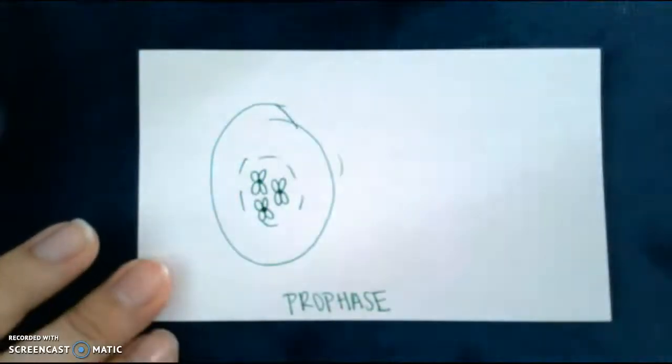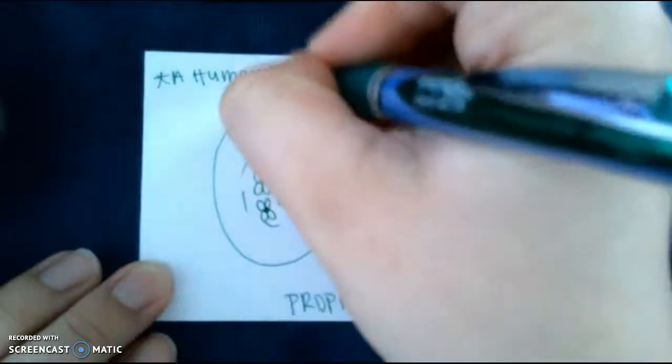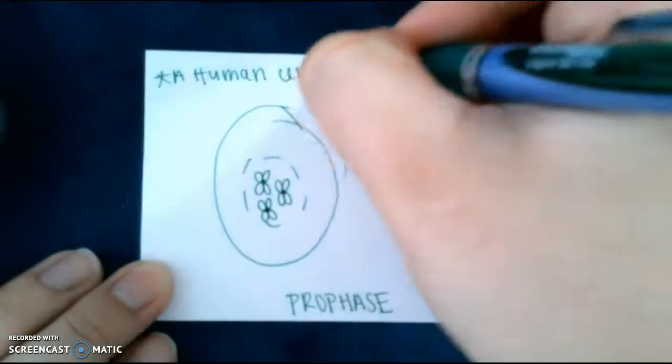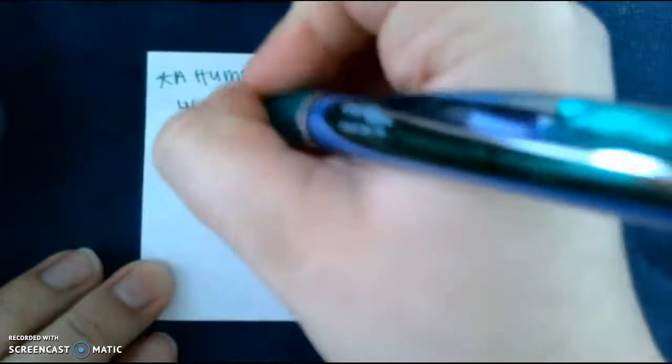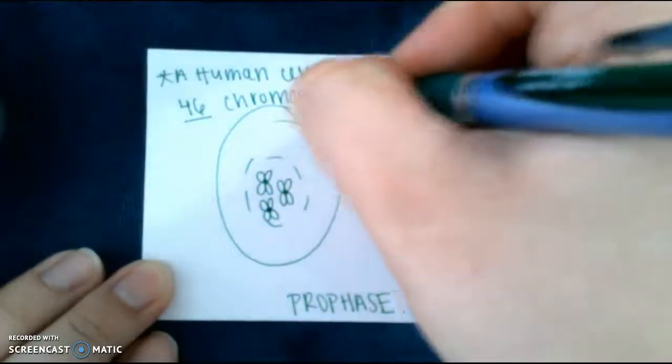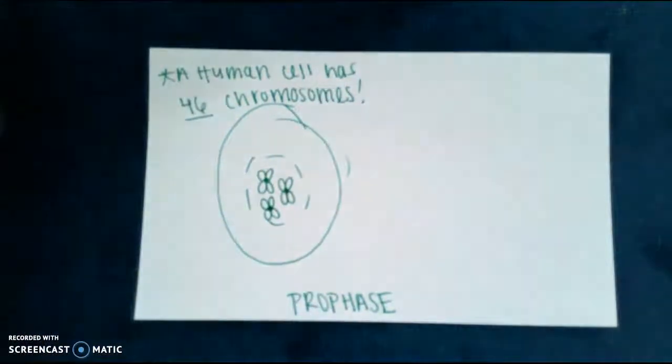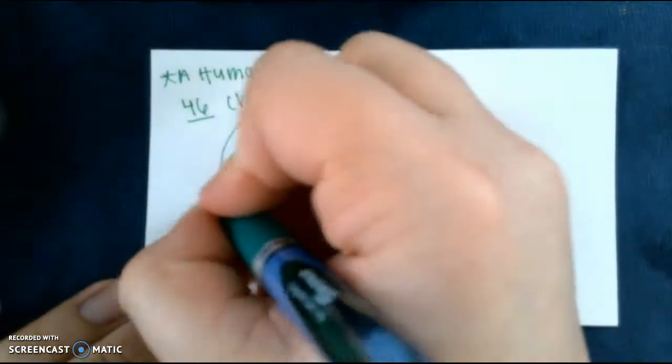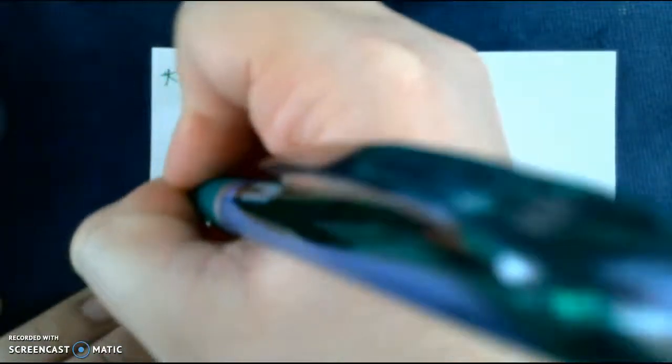Note, I only drew 3, but a human cell has 46 chromosomes. Then we'll do some labeling. So here is my nuclear membrane starting to break down. This is my cell membrane.